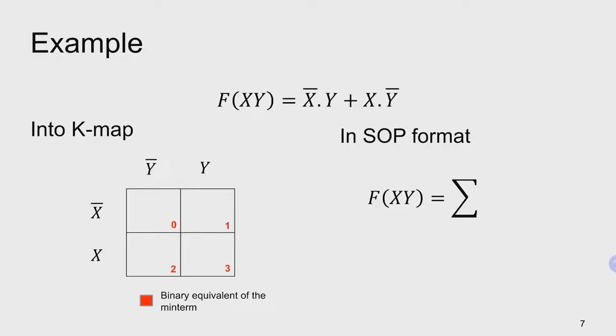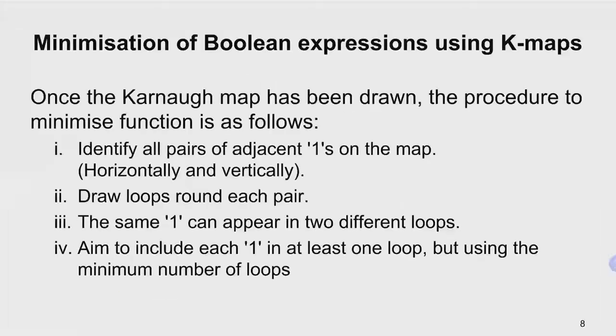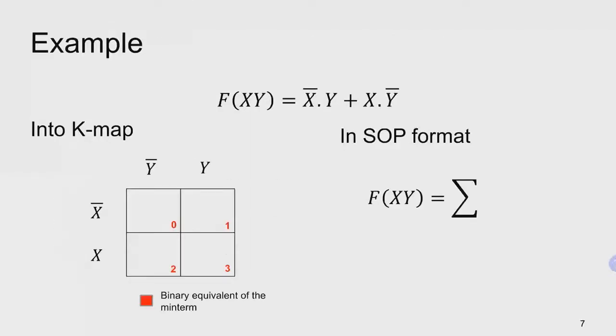Okay, so the first thing we want to do is put each of these minterms onto the K-map. So the first one is X bar and Y. So this is this location here, for the 1.